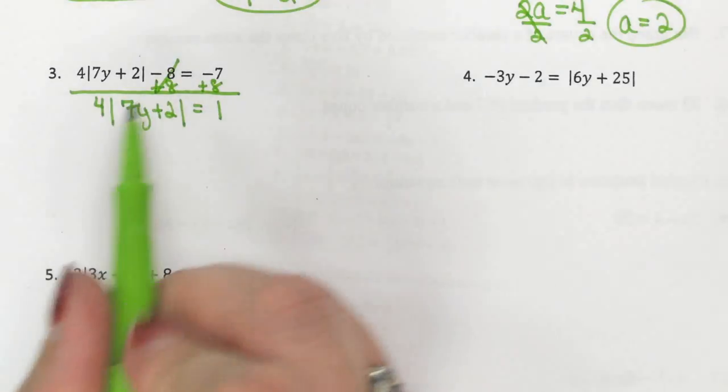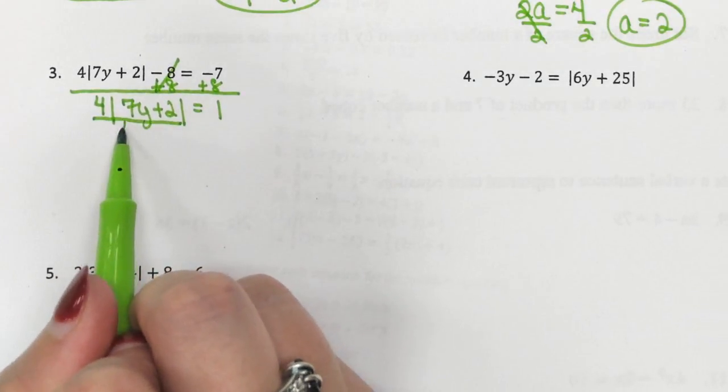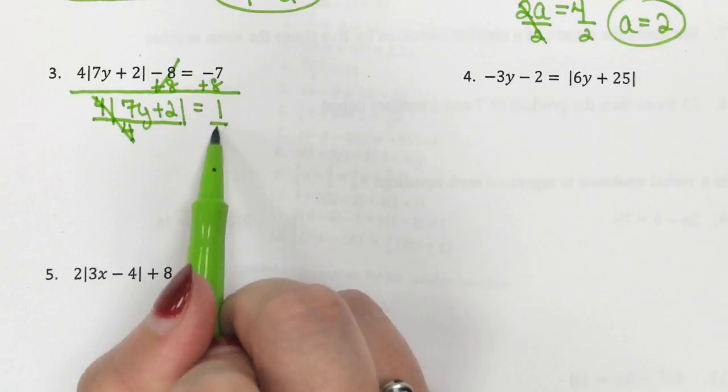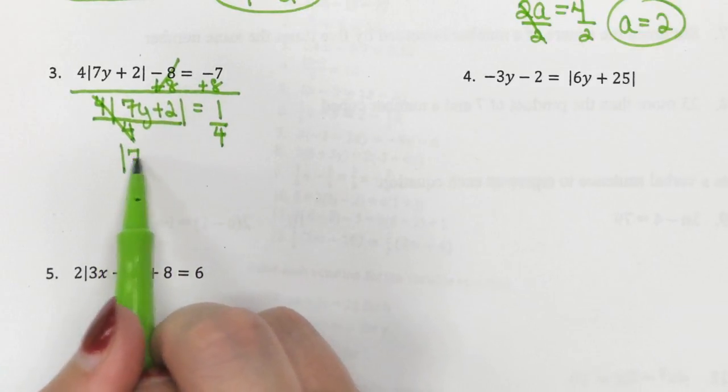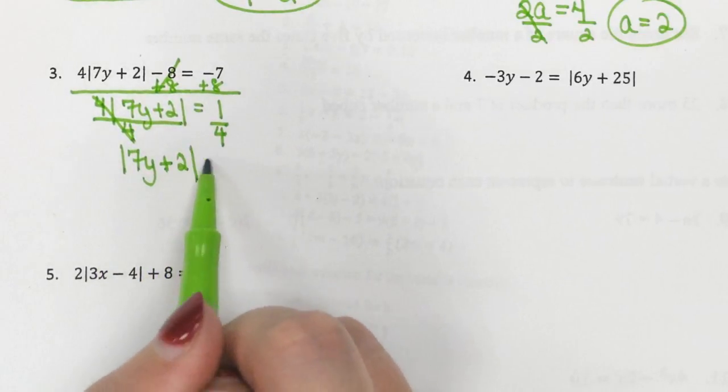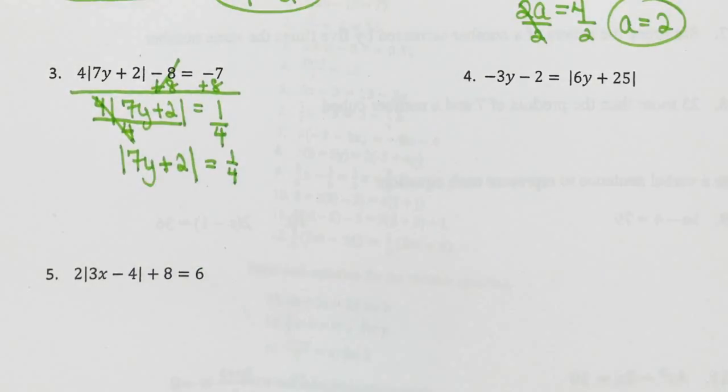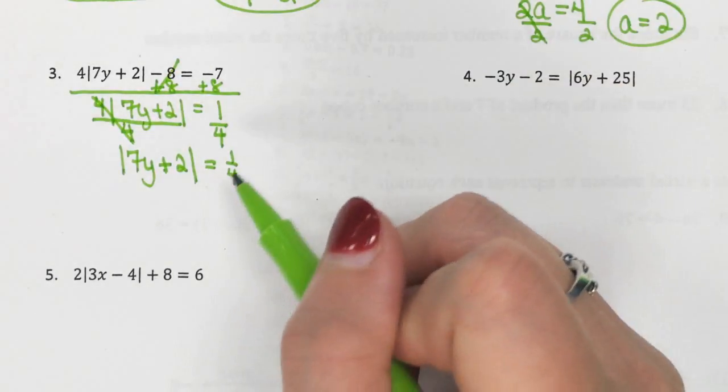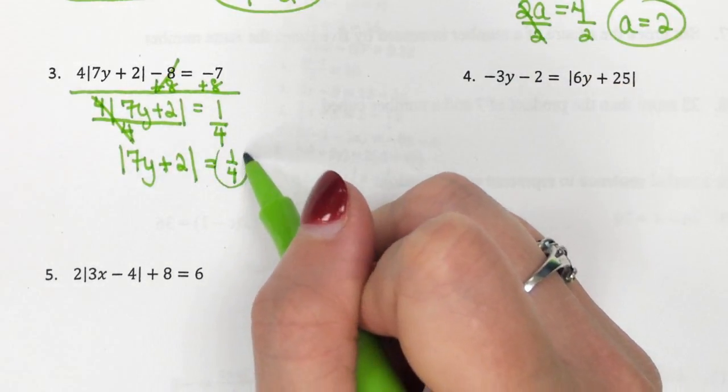One more step. Divide by 4. Okay, are the absolute values by itself now? What's the only thing I mess with? The outside number. There you go.